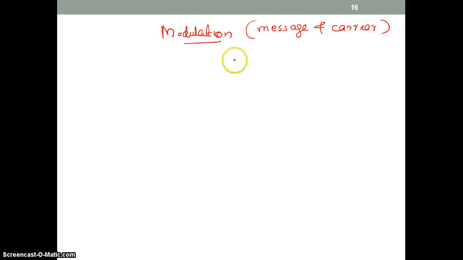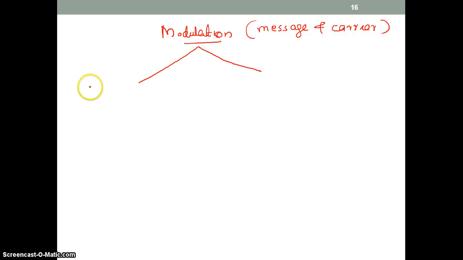I'll once again tell: modulation involves two signals, one is the message signal and the other is the carrier signal. Now, it is classified into two categories based on the nature of the carrier alone.